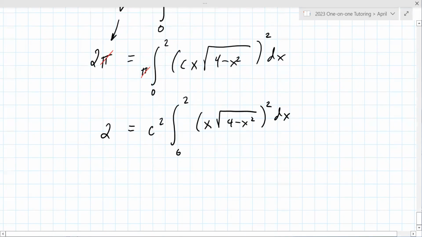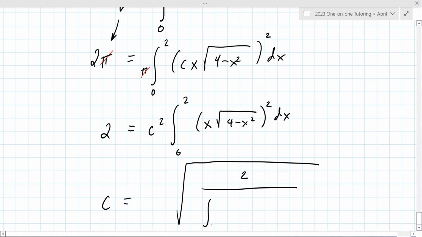So in terms of how you get c, it's just an algebra exercise now, but your c is based on this integral, and then it's 2 divided by the value of this integral, the square root of that. So c equals the square root of 2 over the integral from 0 to 2 x square root 4 minus x squared dx.